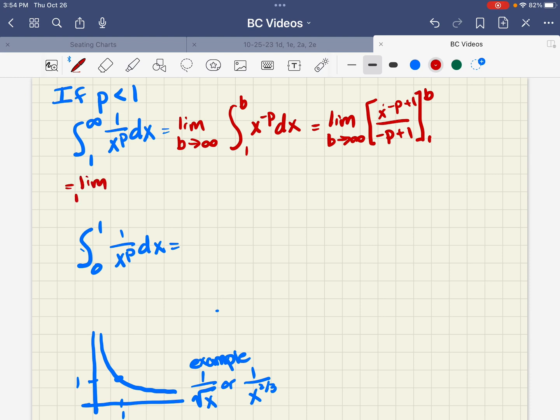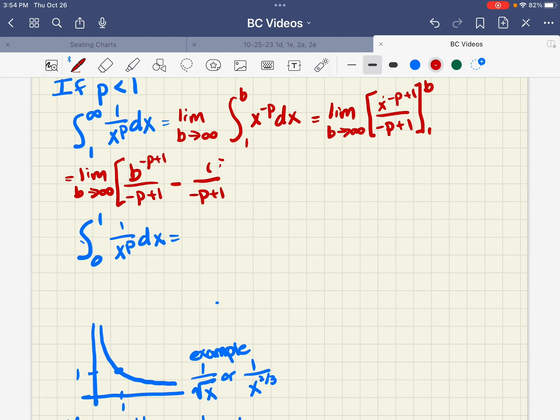Limit as b heads to infinity of b to the negative p plus 1 over negative p plus 1 minus, and when x is 1, it's just going to be 1 over negative p plus 1. Okay? So as b goes to infinity, since this is infinity to a positive power, that's going to go to infinity. So it diverges.